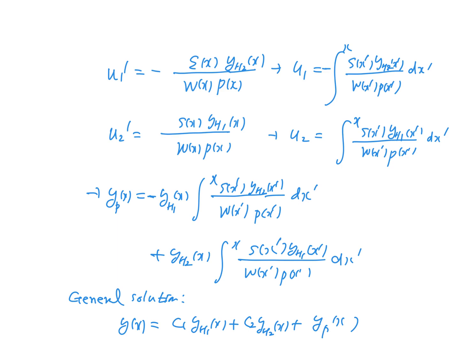Or can I move on, or still? So I can put it down. c1 yh1x plus c2 yh2x plus yh1x, actually is minus.